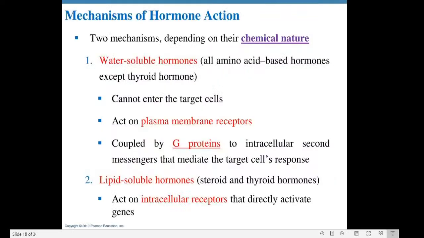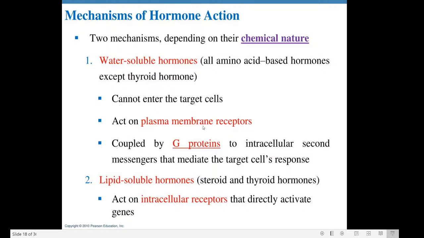Okay, what is the mechanism of all these hormones? Here the different glands are producing different hormones, and the different hormones play different roles. There are water soluble hormones and lipid soluble hormones. The water soluble hormones are amino acid based, except the thyroid hormones, and they can't enter the target cell.